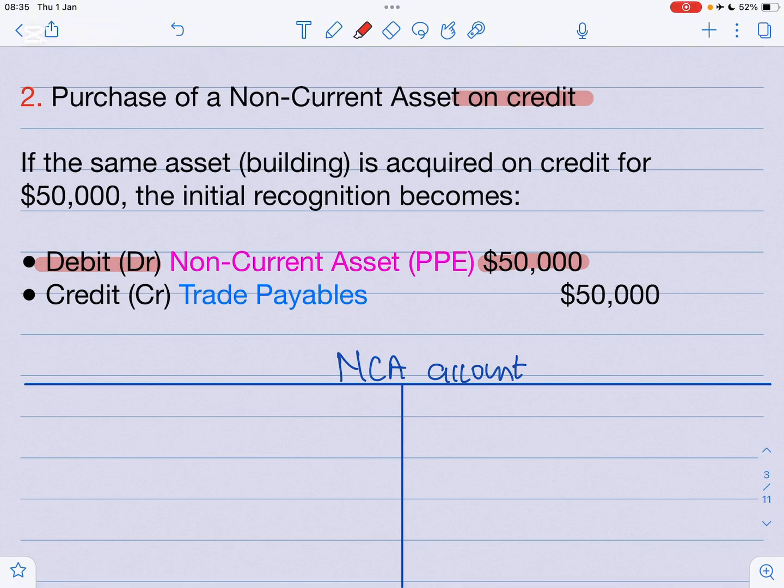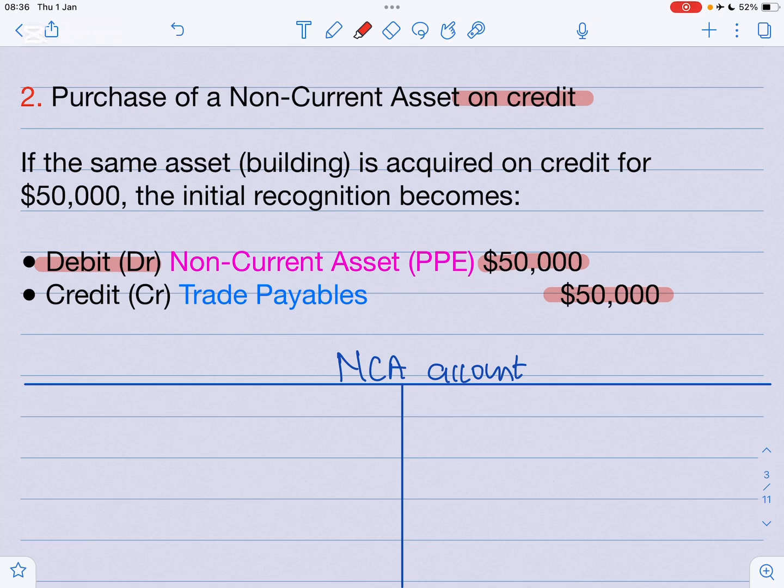So we make use of trade payables. Trade payables is saying that the business has a liability. So on the one hand, the business has an asset of $50,000, non-current assets, and on the other hand, the business is owing, so there's a liability.